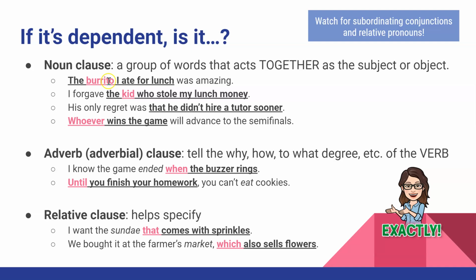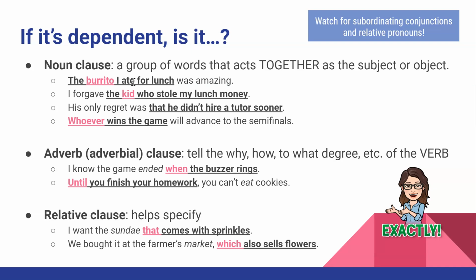So not just the noun burrito, but the burrito I ate for lunch was amazing. Was right here is my main verb. Everything before it is that group, that noun group, or that noun clause.